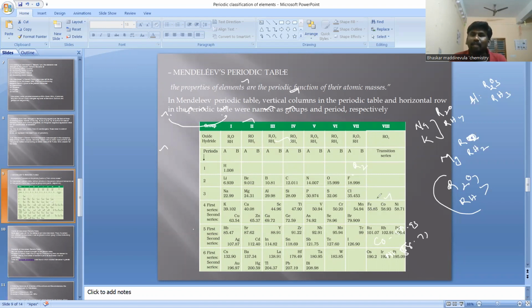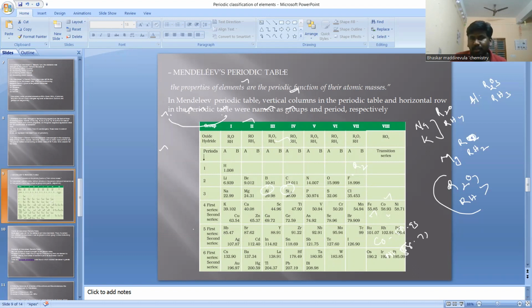Just to arrange the elements in groups of similar properties, he made it like this. You can see one more here: aluminum and silicon. Aluminum has a higher atomic mass when compared to silicon, but to keep them in the group of similar properties, he made a reverse order.